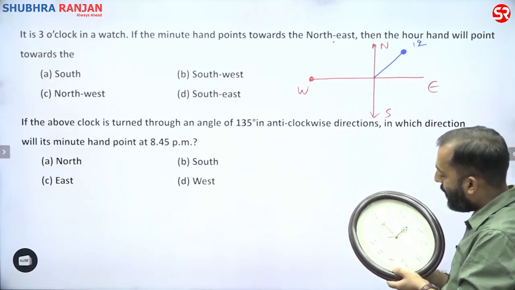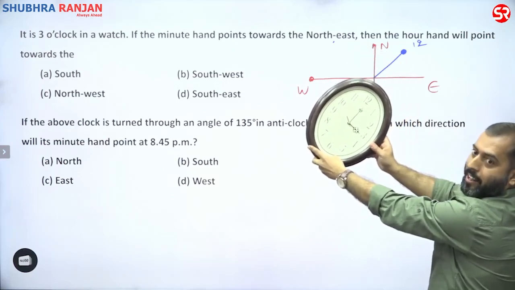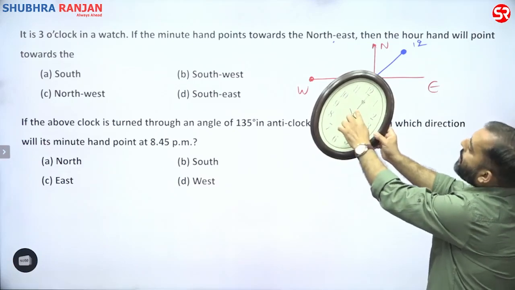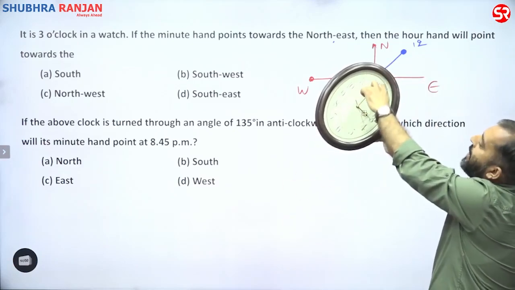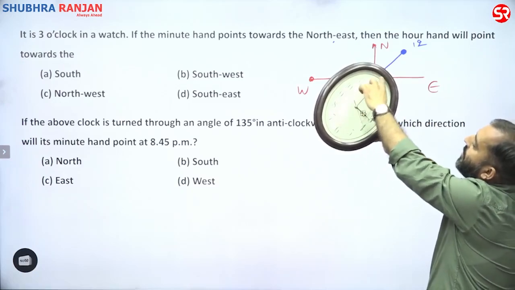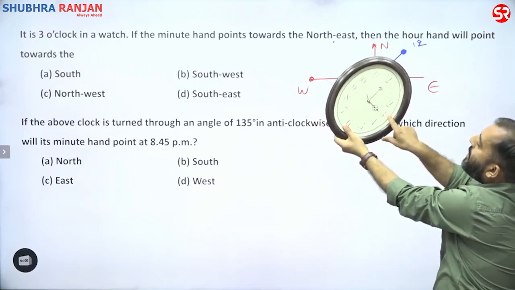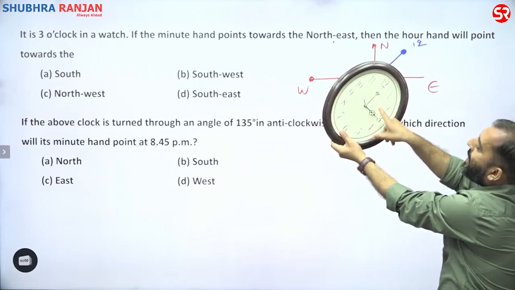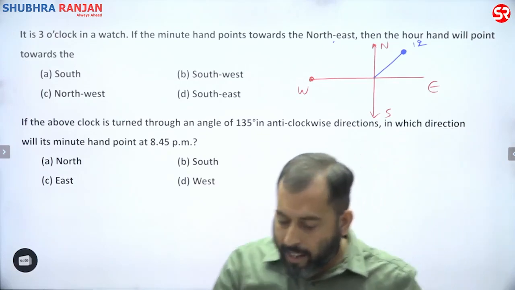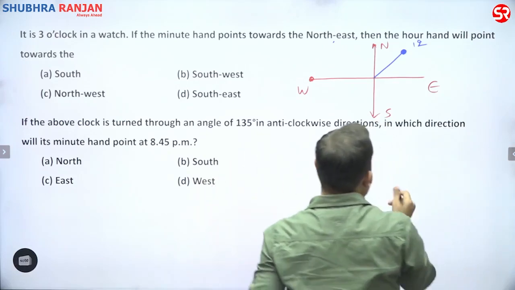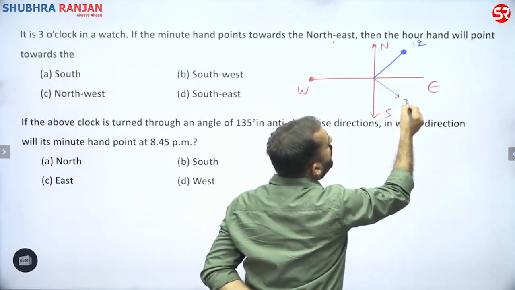See, the minute hand is pointing towards north, meaning in the north we have this digit 12. Then what about this digit 3? Because angle is 90 degree, so this should be 3, no?